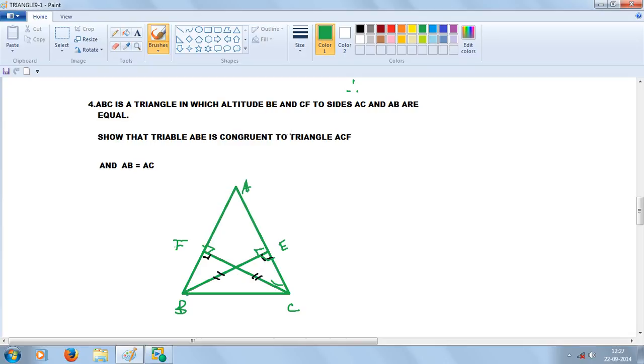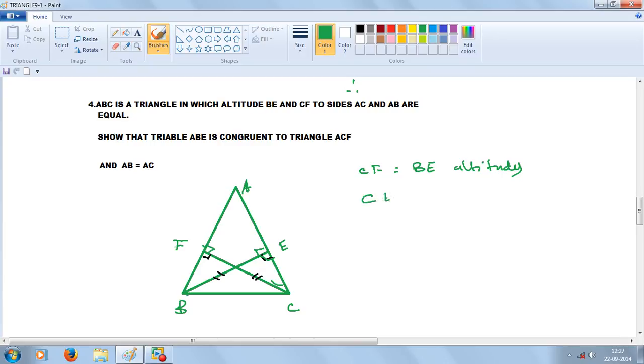Given is the altitudes BE and CF of the triangle are equal. So what do you write? CF is equal to BE, altitudes.